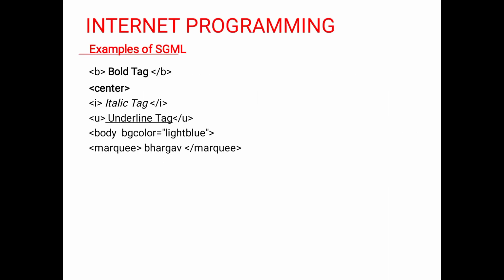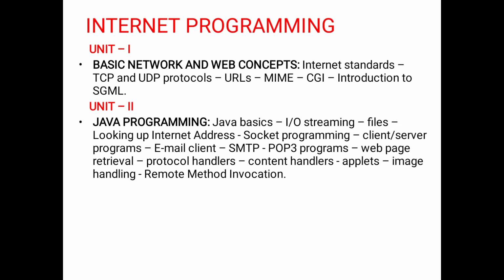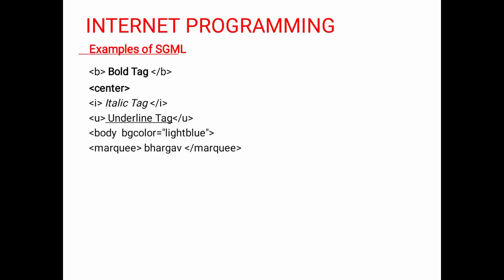So, today we are going to discuss internet programming, the basic concepts of internet programming, and examples of how to create tables as well as HTML tags and an introduction to HTML, right?